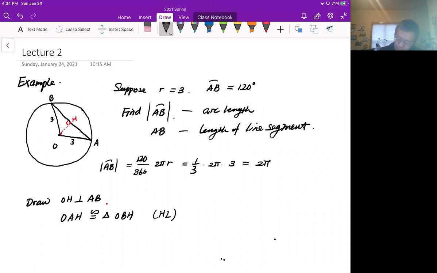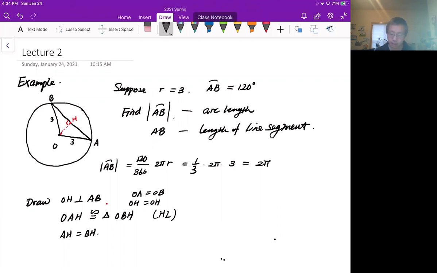Because OA equals OB, and OH is the same as OH, that's HL. And this implies that AH equals BH, just because they are corresponding sides of congruent triangles.